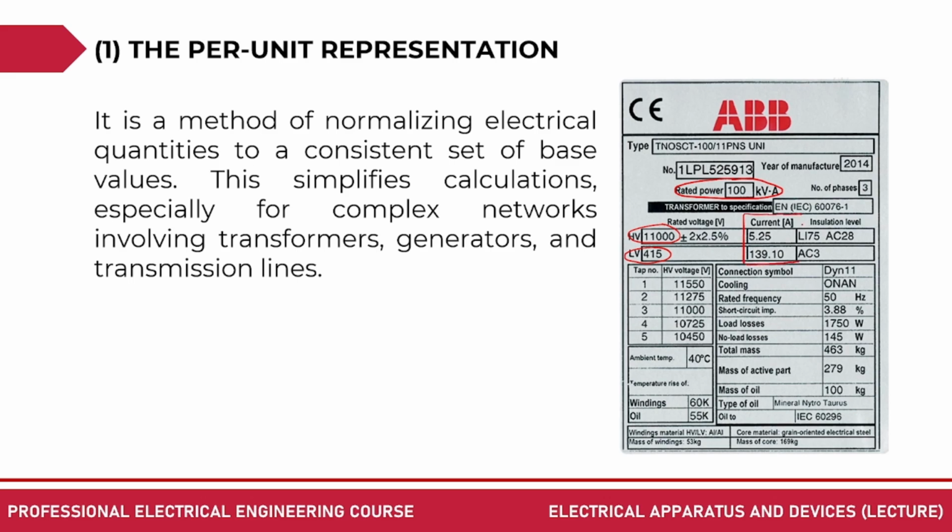Usually that's involved there, that's the percent regulation. The current is 5.25 amperes and 139.10. And then you'll see here the short circuit impedance, the load losses, the no load losses, and so on. We already have discussed that one before.